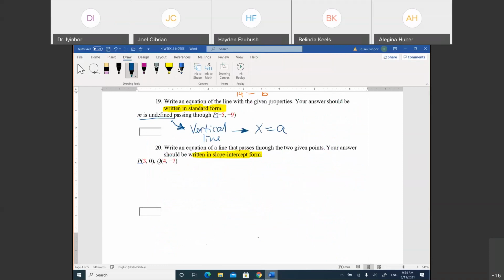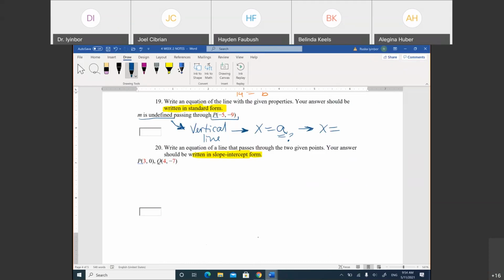Now, what is that number? How are you going to find it? Looking at the point, they give me a point, right? The slope is undefined and the line is passing through this point. So looking at this point, what is x? Negative 5.